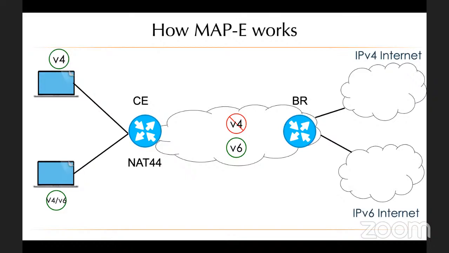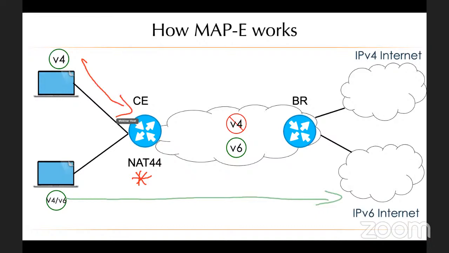So this time around, we still have NAT44 being done at the CE level. v6 goes straight to the v6 internet, no need for encapsulation. And then v4, as usual, hits the CPE and then it's going to be translated. And then there's sort of a mapping table.